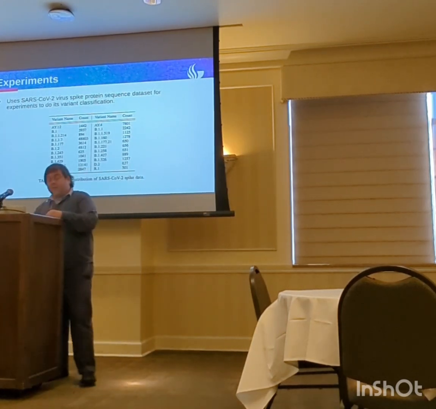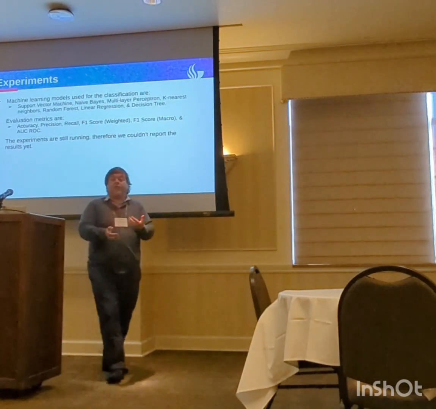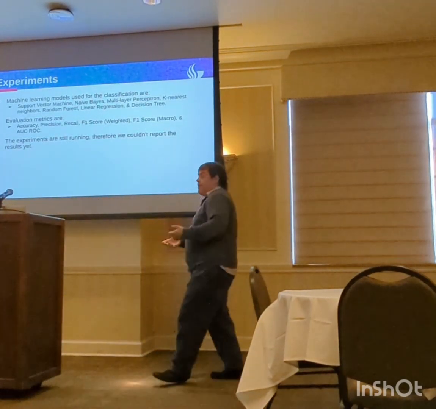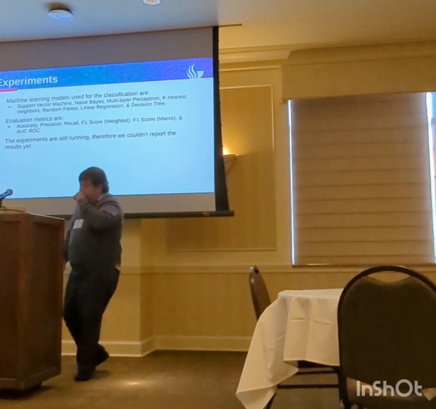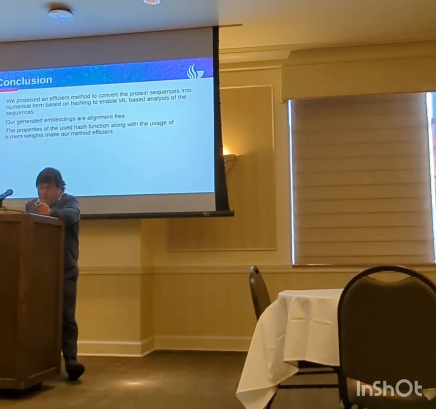False positive, false negative, true positive, true negative. And then accuracy, precision, recall, etc., are all based upon that. But the experiments are still running, so we cannot report the results.